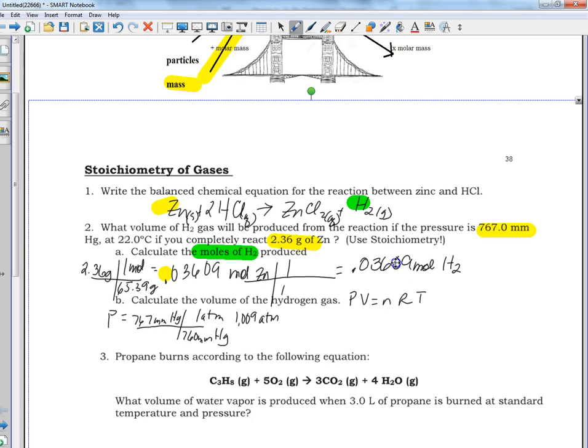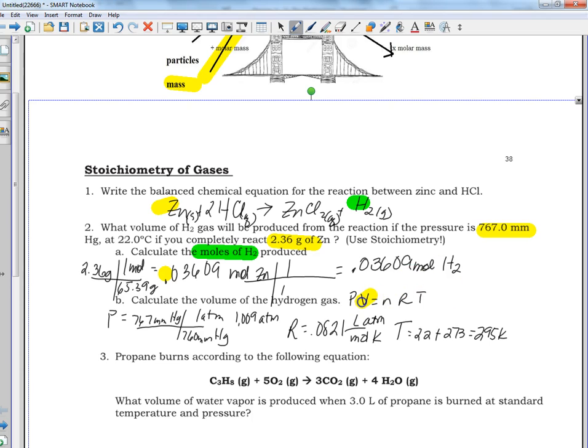All right, for volume, that's what we're solving for. The number of moles we just found is 0.03609. R is given; since we're using atmospheres, we'll use 0.0821 liter atmospheres over moles Kelvin. And our temperature is given at 22. We have to convert that to Kelvin, which would be 295 Kelvin. Now we just plug and chug.